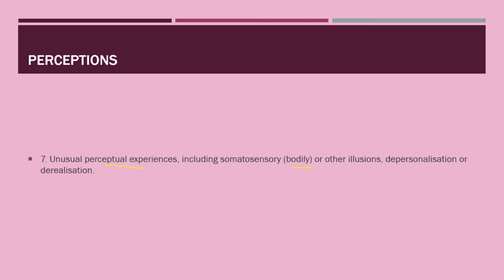Nothing may be present, or there is some slight abnormality, but they exaggerate it. And there will be other delusions. They see something and it looks different, and they might say that under the skin there is something there. Then they can have depersonalization and derealization. I will explain this in more detail in my next slide.